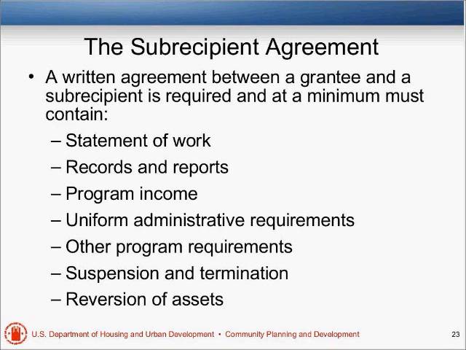What happens if they don't comply with the terms of the award, how you're going to suspend it, how you may terminate it, and that upon expiration of the award, the subrecipient is going to transfer to the grantee any CDBG funds, any NSP funds on hand at the time of expiration, and also any accounts receivable.